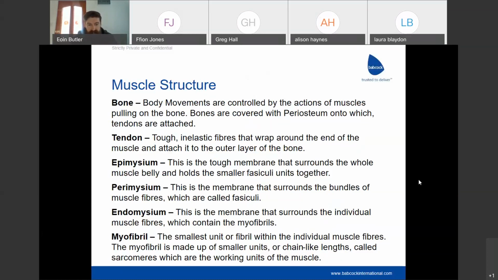Myofibril then is the smallest unit or fibril within the individual muscle fibers. The myofibril is made up of smaller units or chain-like lengths called sarcomeres, which are the working units of the muscle. Okay, so let's just jump back up to the diagram again.